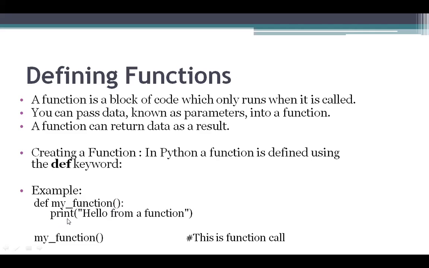The block of code which comes under that indent belongs to the function called my function. And this function can be defined and it can be called like this, my function. So when it is called, the block of the code whatever is existing inside the function gets executed.